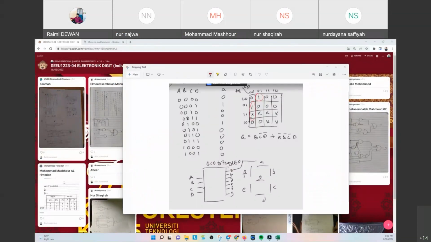I give you around 3 minutes to check your own answer. Check everything. The table should be correct, the logic design should be correct, the K-map should be correct, and the rest should be correct.